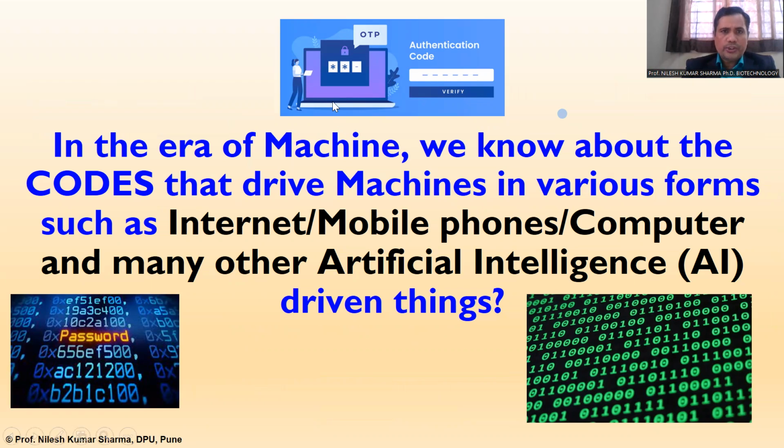If you look at the codes here, nowadays we say password. Password can do wonders. Any computer can be opened or closed with the help of a password. Any machine can be opened or controlled with the help of a password.